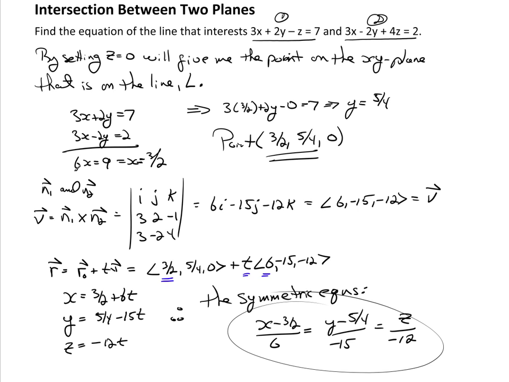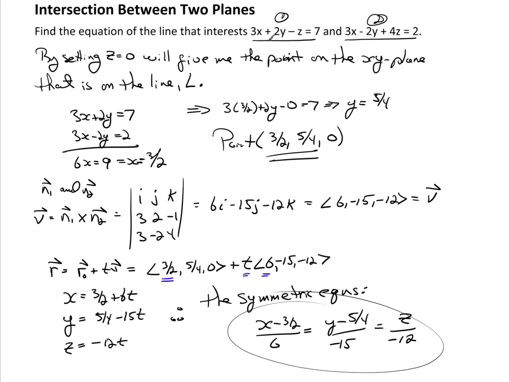Now the two normal vectors to those planes, I can get directly. That might look a little magical to you. You go back and review the equation of the planes, and you'll see that this is n times x minus x naught. So the normal vector's got to be 3, 2, negative 1 to multiply it by that for the dot product.